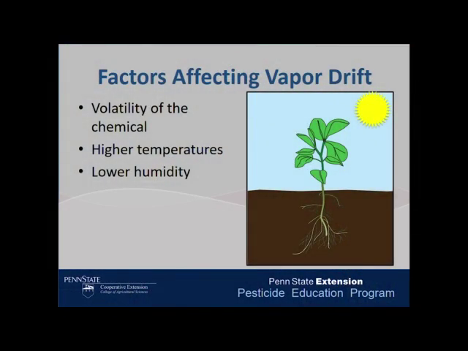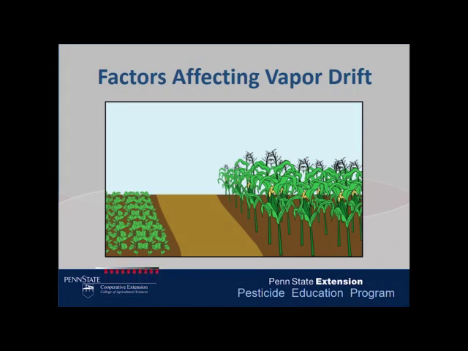That's vapor drift. And here we see an illustration. We came in, we made the application, and again, the product's going to vaporize, volatilize, and then move off-site. And in some cases, that off-site movement could cause damage if that product is not labeled on that crop.